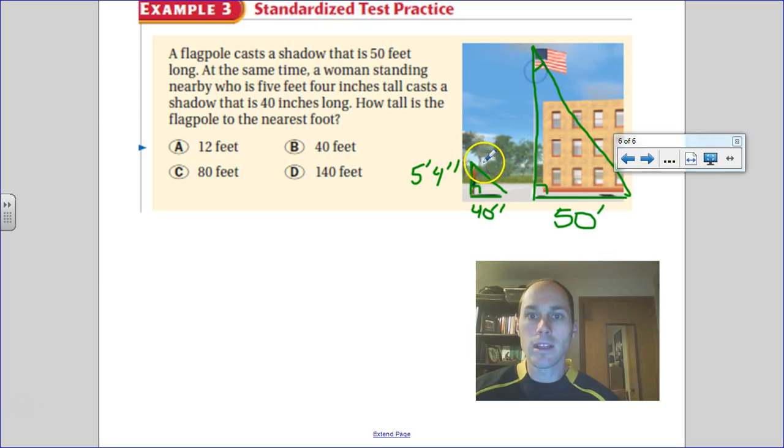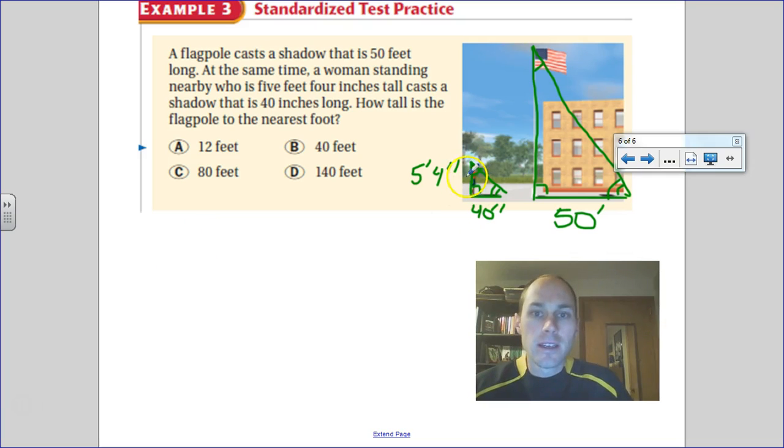So these angles down here will be the same, since the sun is hitting us at the same spot. Now we know triangles are similar, and if triangles are similar, we know sides are proportional. So we just need to set up a proportion.